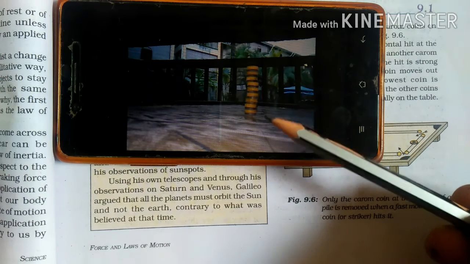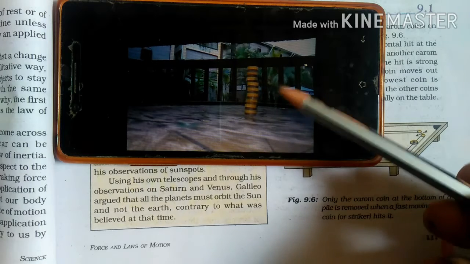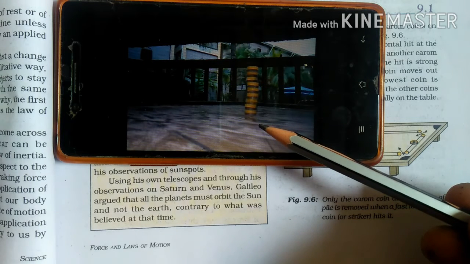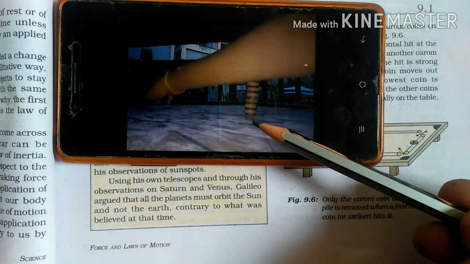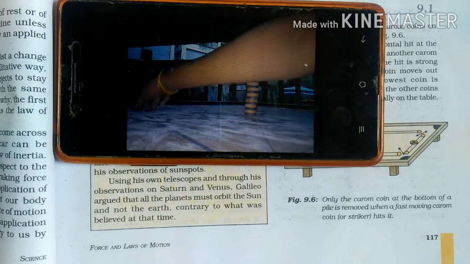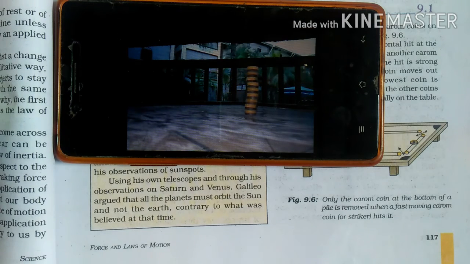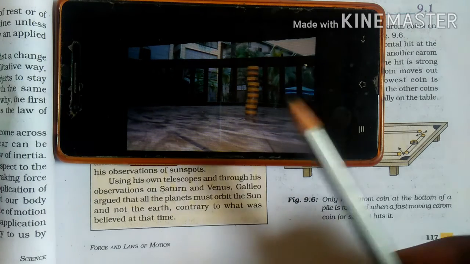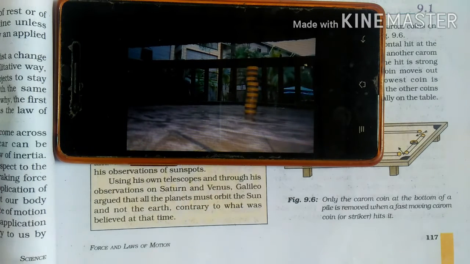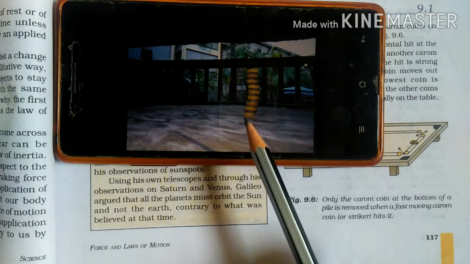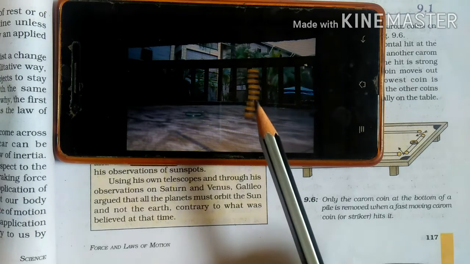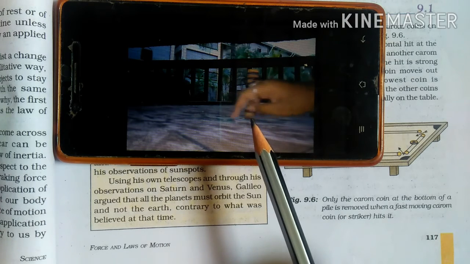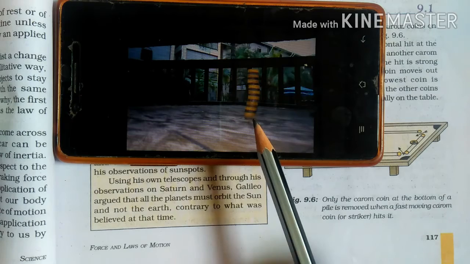These coins do not fall, they stand as they are on the table, just one coin is removed from the bottom and the other coins stay as they are. See now, just now, one coin has been removed and the other coins fall vertically on the table.